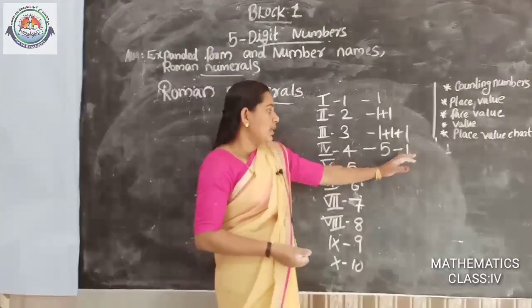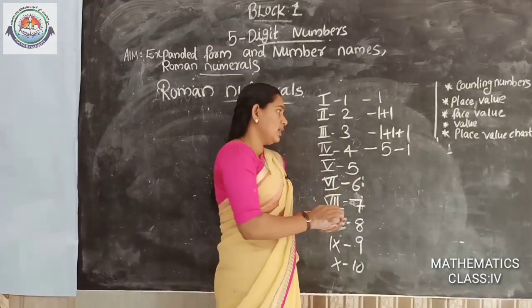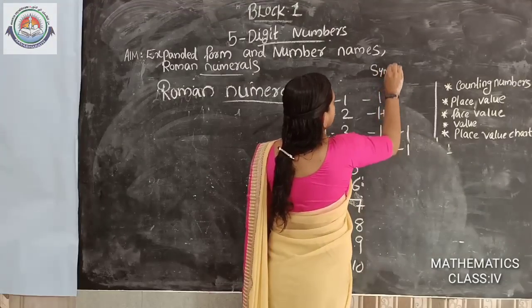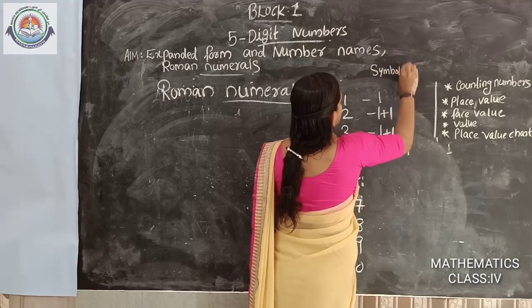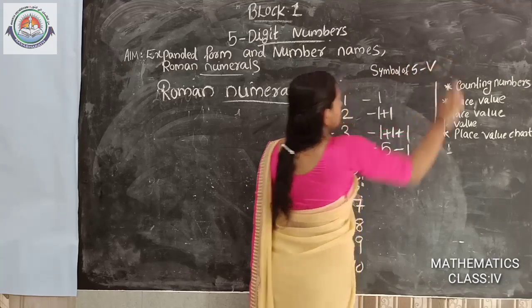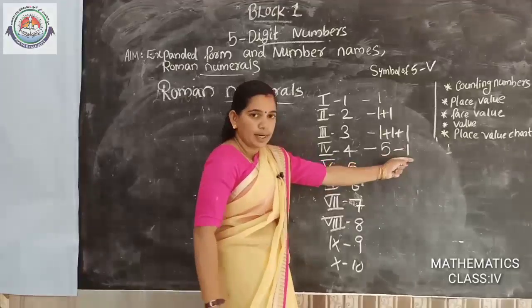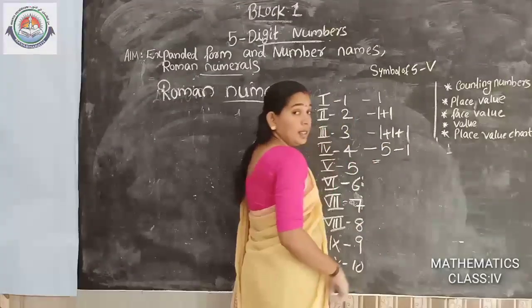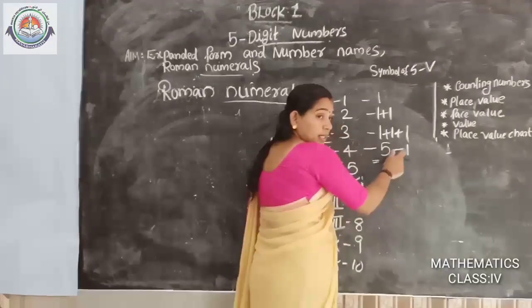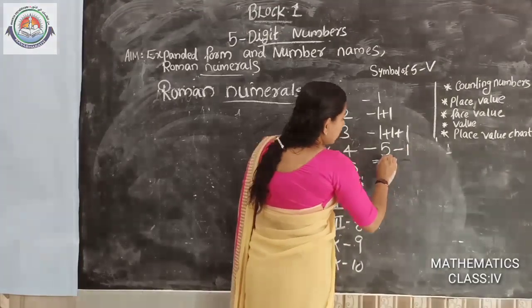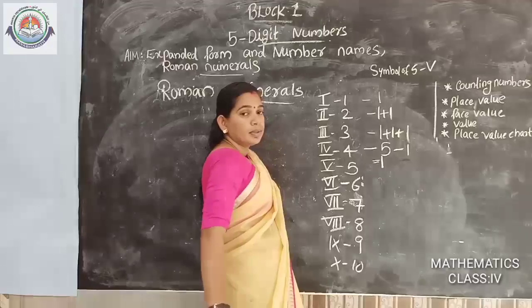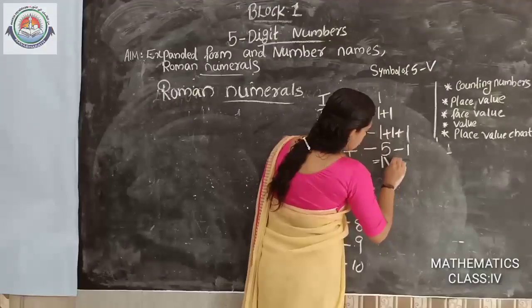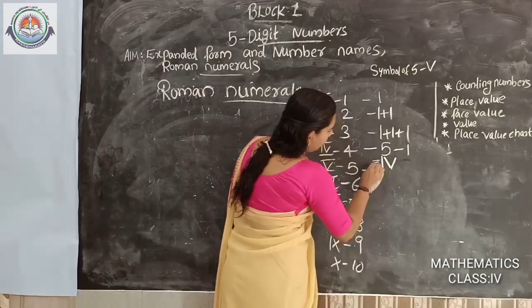In the symbol of 5 is this. So 5 minus 1. So 1 we are writing first, then the minus symbol. Here subtraction, so before we are writing. Then 5 symbol. Then what is the symbol of 5?